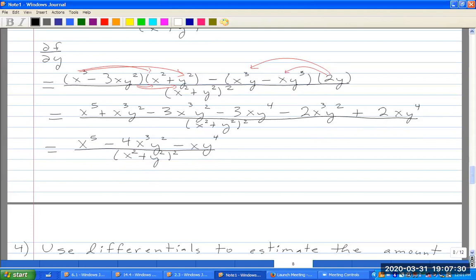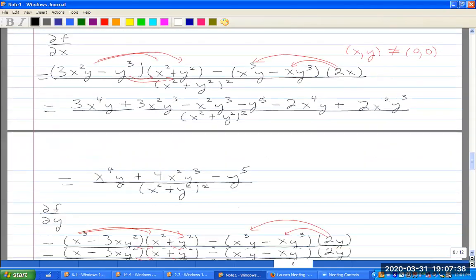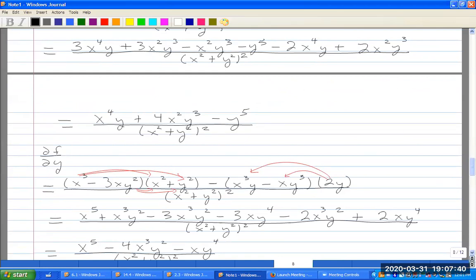So this is equal to, oh, of course, I should say that, again, I'm making the assumption just like before that we're not at the origin.